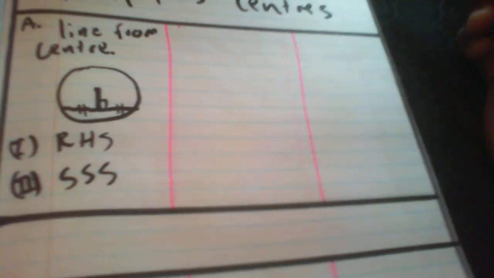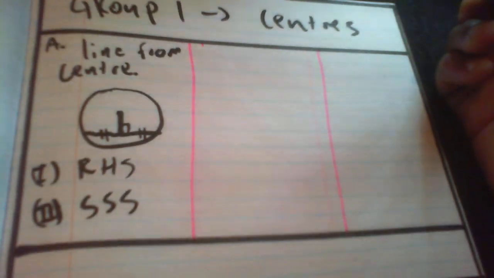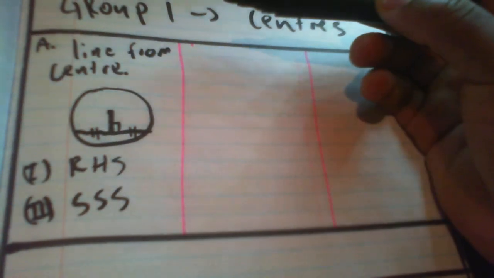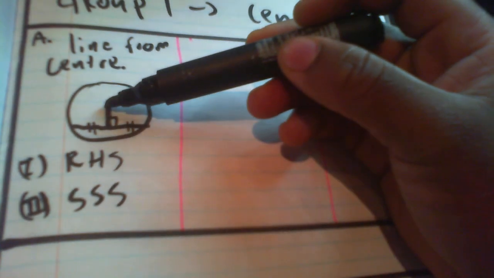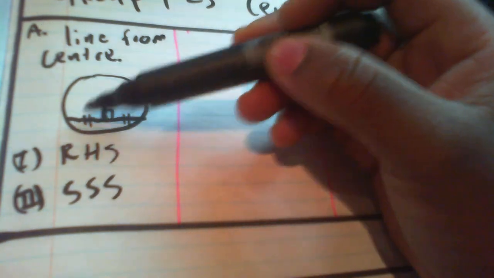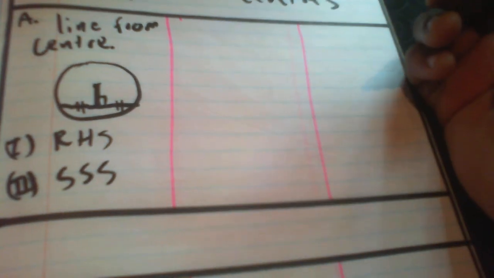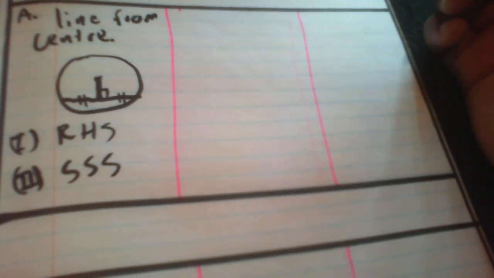So yes, we are going to do this proof when I'm done with the summary in a different video. So line from center, starts from the center, goes to the chord, it's perpendicular and it bisects that chord. And we'll explain the two proofs later on, but we prove this theorem using congruency.